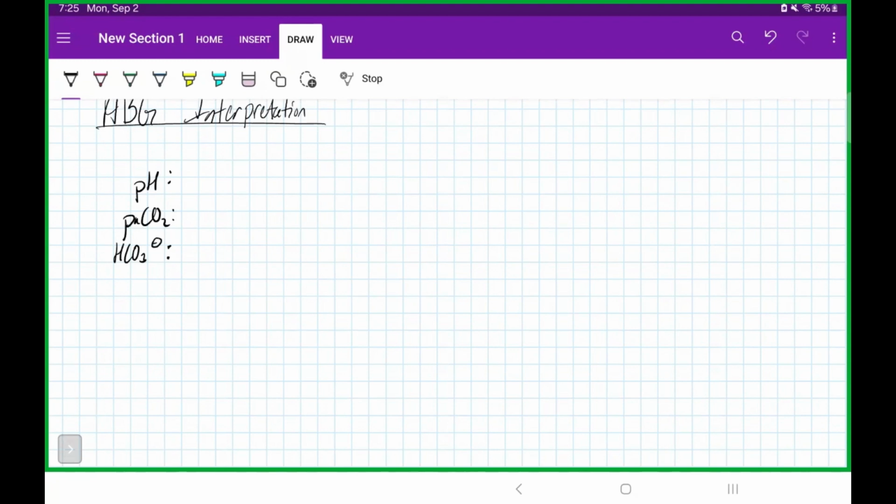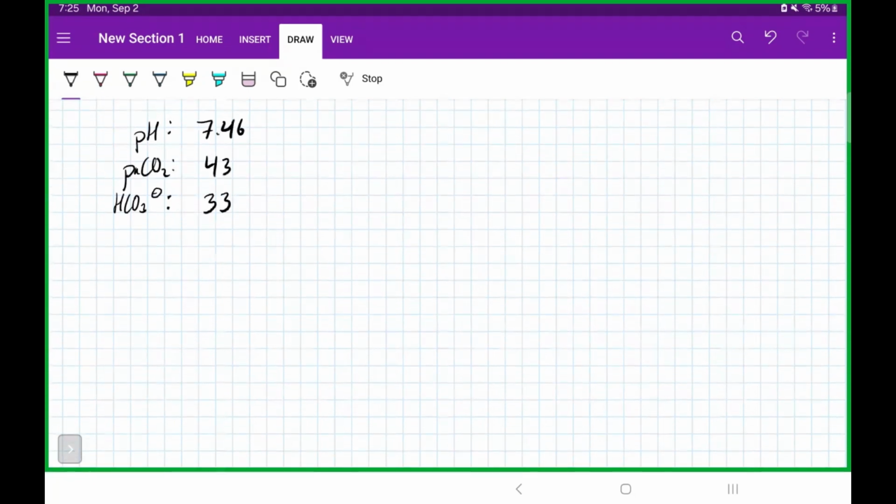But if the whole acidic slash basic thing is something that you already feel pretty confident on, then this method, I think, makes things quite a bit easier.